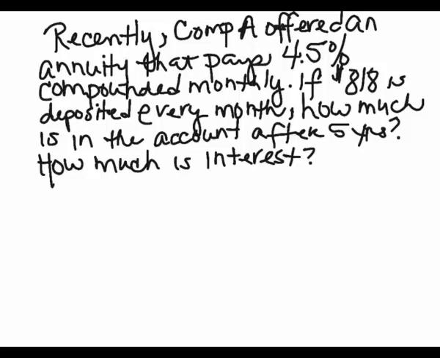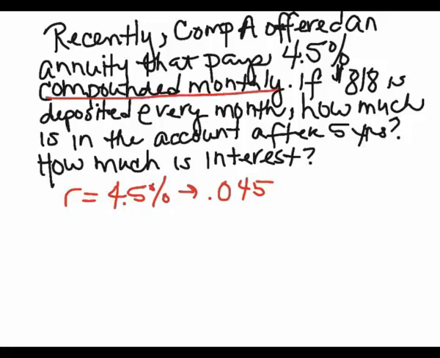For example, this one says, recently Company A offered an annuity that pays 4.5%, so you know that that's your R. You know that your R is 4.5%, and we're going to have to write it as 0.045. Okay. Compounded monthly. So you know the number of times compounded is 12.